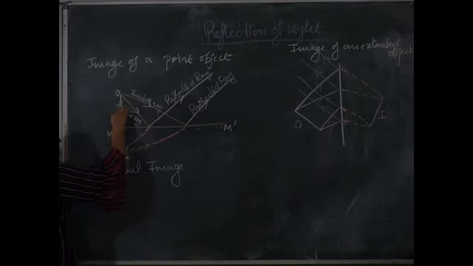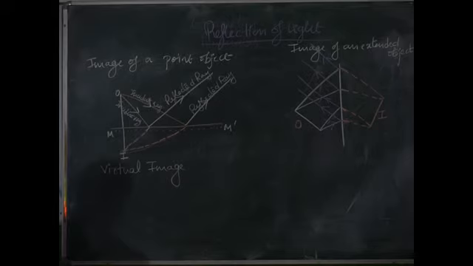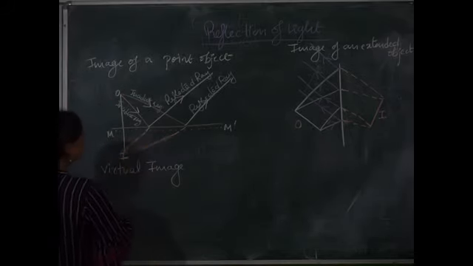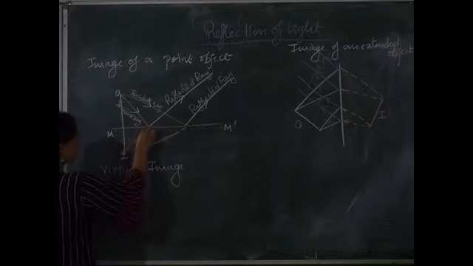It will be of the same size and the same height as the object. My object looks a little bit taller, but you can assume that the object and the image are of the same height.